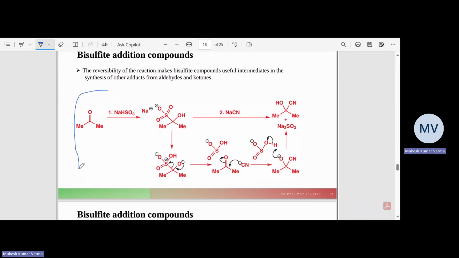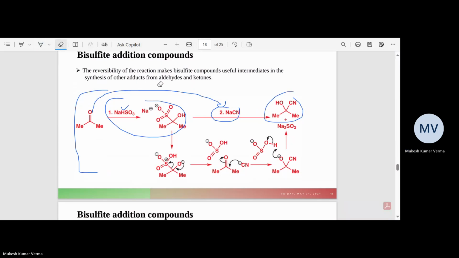In this reaction, we can see that first sodium bisulfite is used, and then in the second step, sodium cyanide is used to form the cyanohydrin. So why do we use this step? We could directly treat the ketone with sodium cyanide to form the cyanohydrin product.